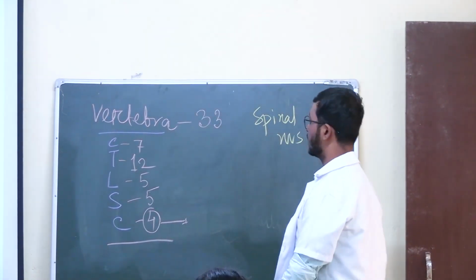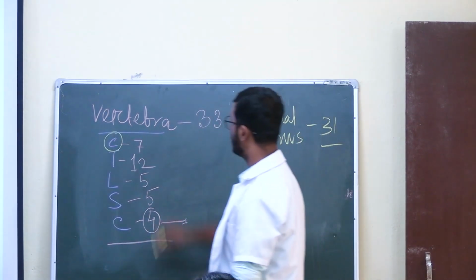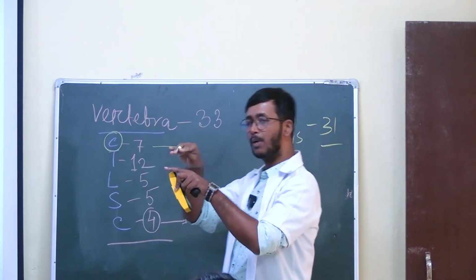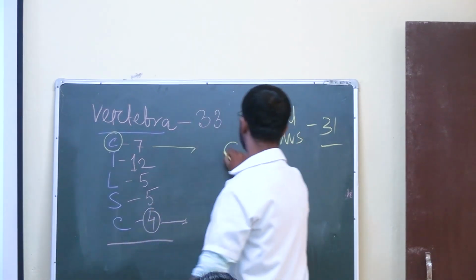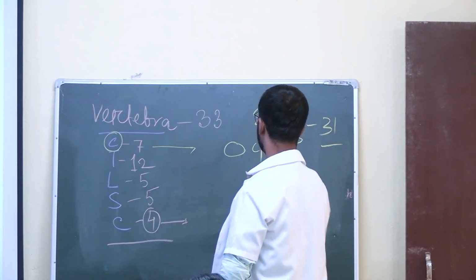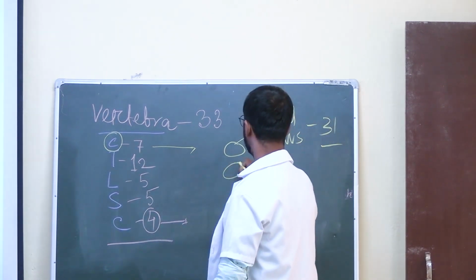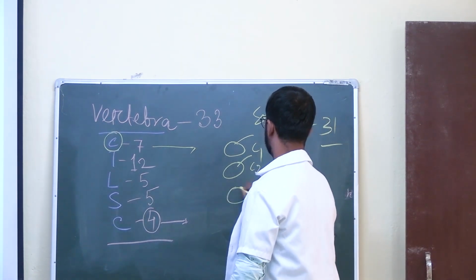So basically what happens from the cervical vertebra? One spinal nerve arises from the upper part of each of these cervical vertebrae. Suppose this is your cervical C1 vertebra, one nerve arises from the upper surface. Then from C2, another nerve arises. C3, third nerve.